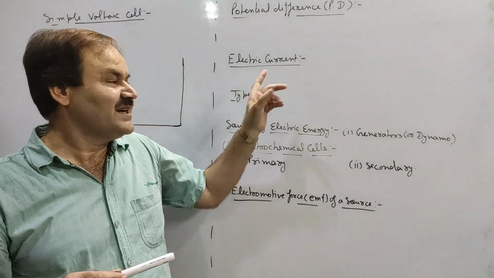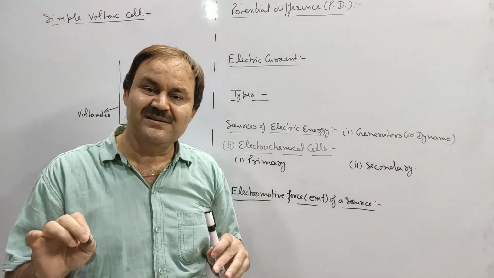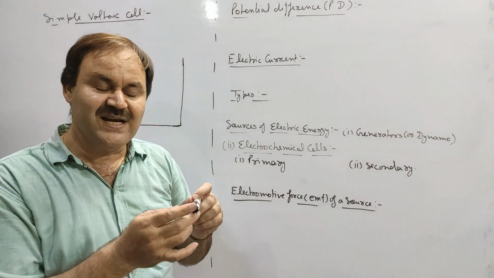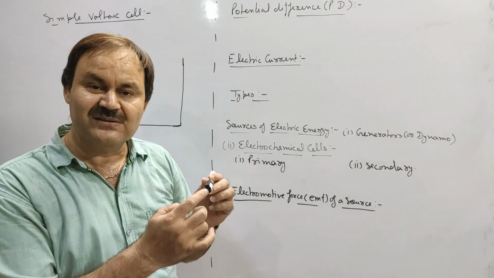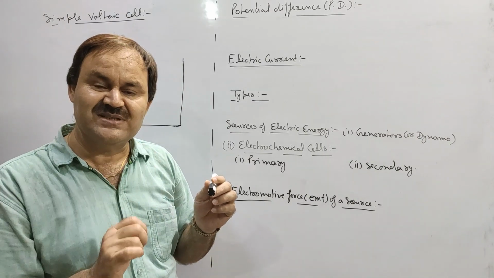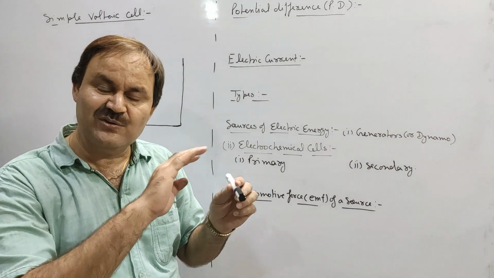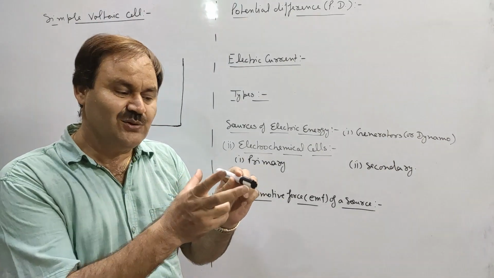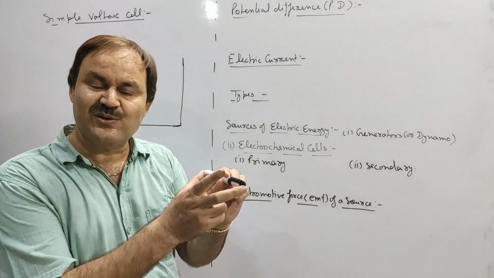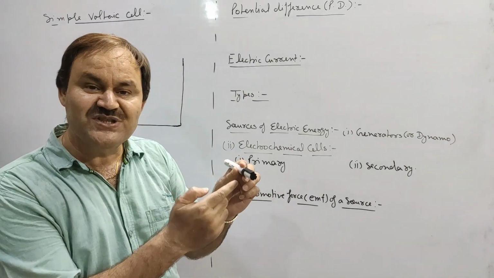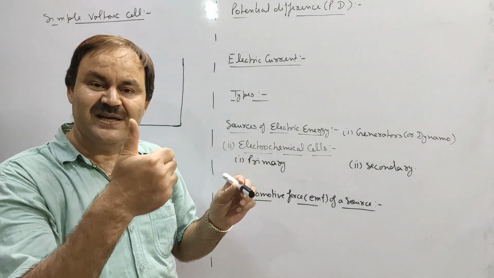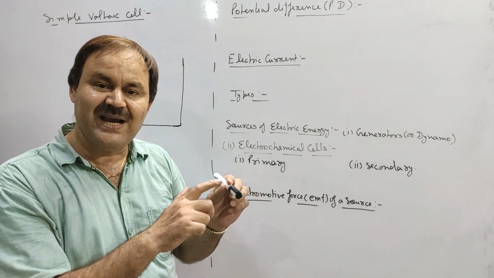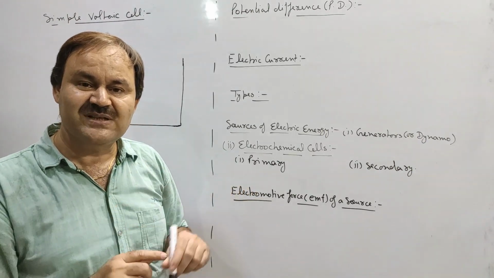So first, electric current. Electric current is defined as the amount of charge passing through any section of conductor in 1 second. It means when charge flows through this conductor on establishing potential difference across its ends, then how much charge is passing through any section of conductor in 1 second gives the electric current flowing through this conductor.